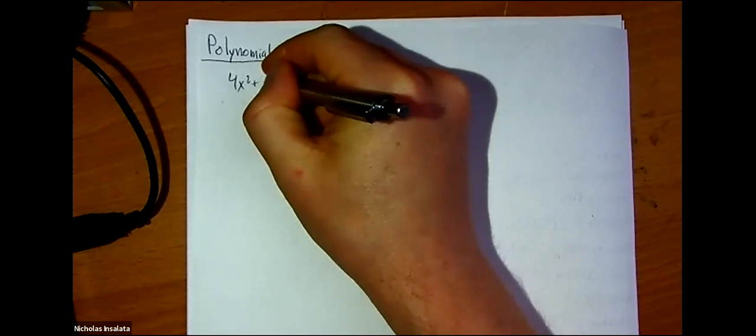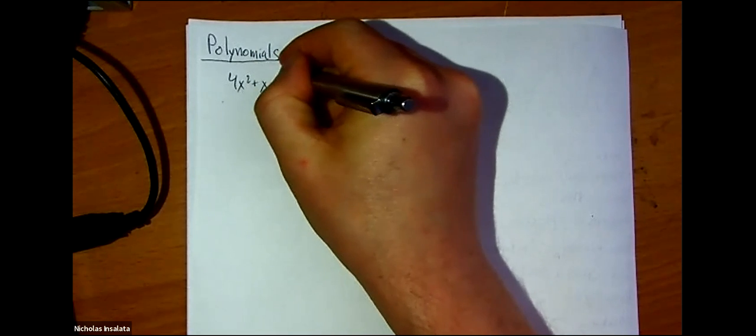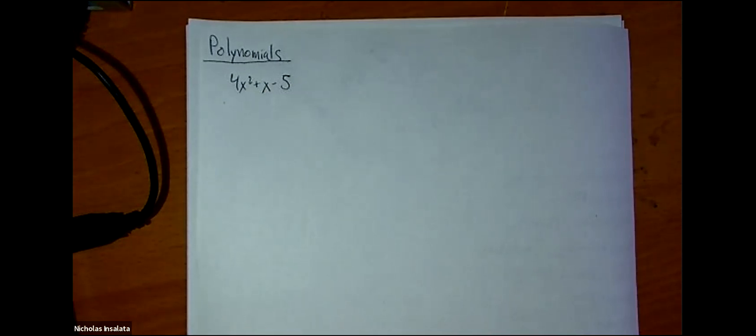And what I wanted to discuss was an example of the computation of polynomials, right? Okay, so a polynomial, as you probably know, is a sum of coefficients times powers of x, right? So it looks something like 4x squared plus x minus 5, and that's a polynomial.